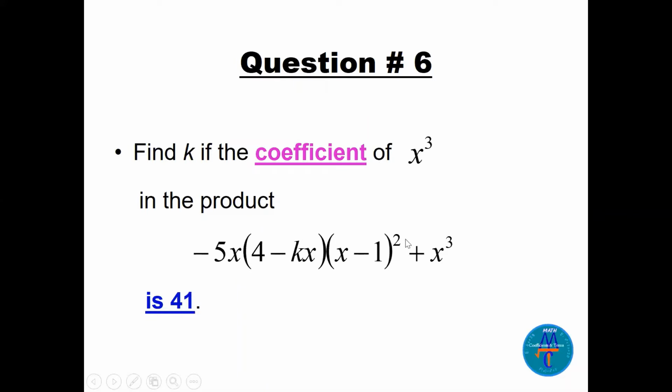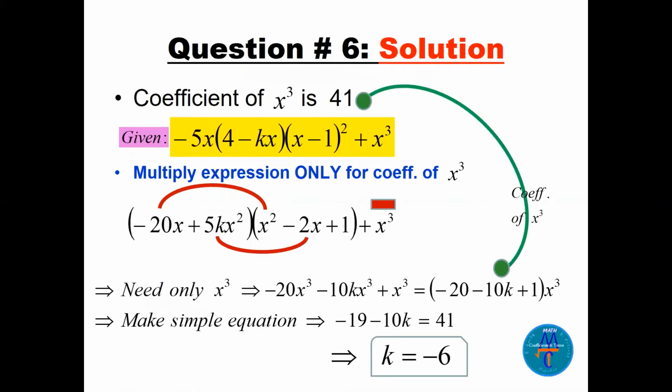So I try to multiply here by using a smart way. See, this is something times x minus 1 squared plus x cubed. There is a term here. So first I simplify this, x minus 1 squared expanded, and then multiply by this to see what will result in x cubed.